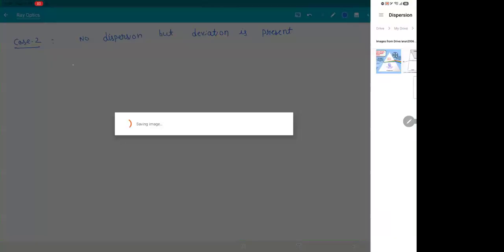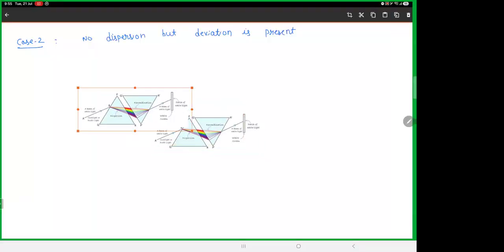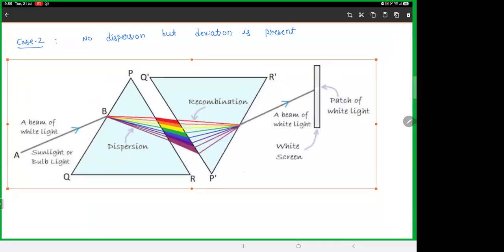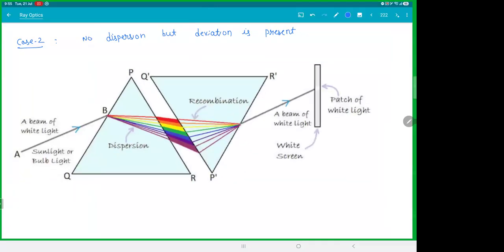I think this one. Look at this. You send a white light, it will split into colors, then it falls on a prism, they again combine and get a white light out. So this is the case where there is no dispersion. White light is going, white light is coming out. But there is a deviation. So that's how the picture looks.